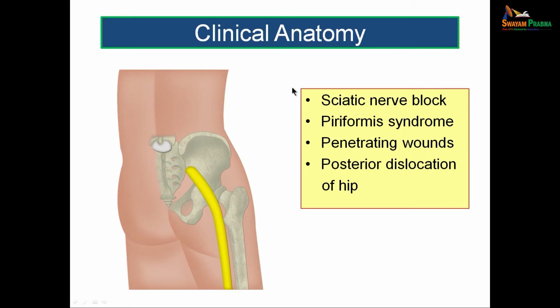Sciatic nerve block can be done using an anesthetic agent if you want to do any minor surgeries in the lower limb, and the area which is supplied by the sciatic nerve can be anesthetized. For doing the sciatic nerve block, you need to inject an anesthetic fluid into the sciatic nerve area. So, how do you identify this area?